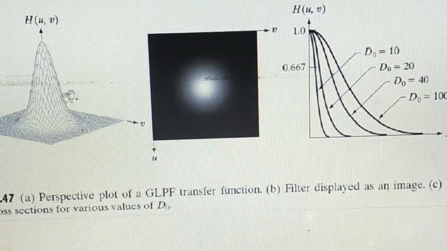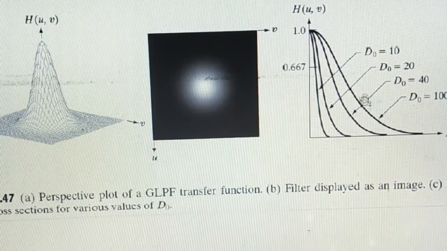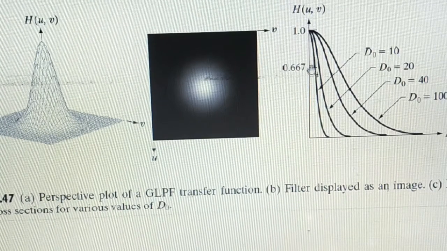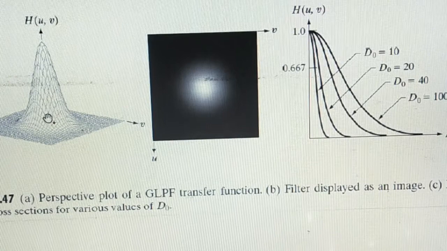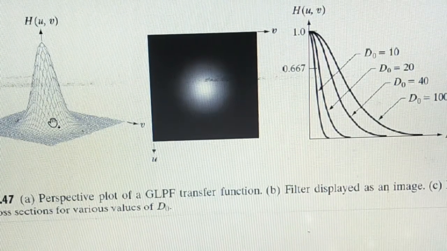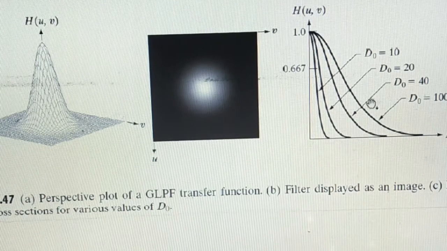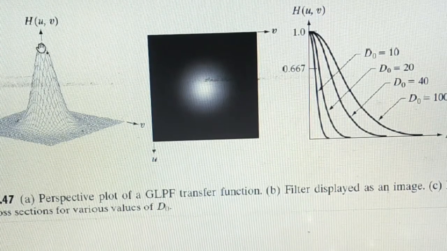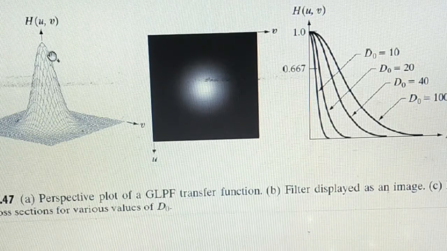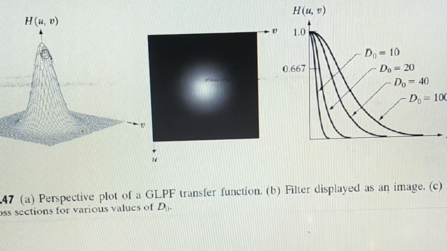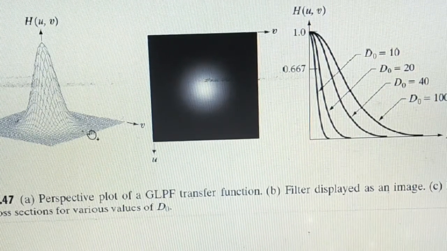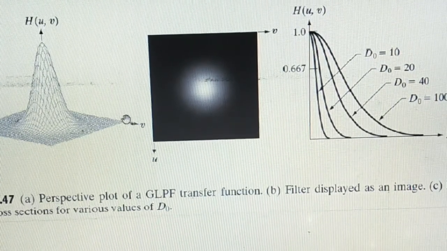The perspective plot can be obtained from the radial cross-sectional plot by placing this axis at u equals p by 2, v equals q by 2, and rotating this whole thing about 360 degrees about the axis, and we will get this particular surface as a function of u and v variables.